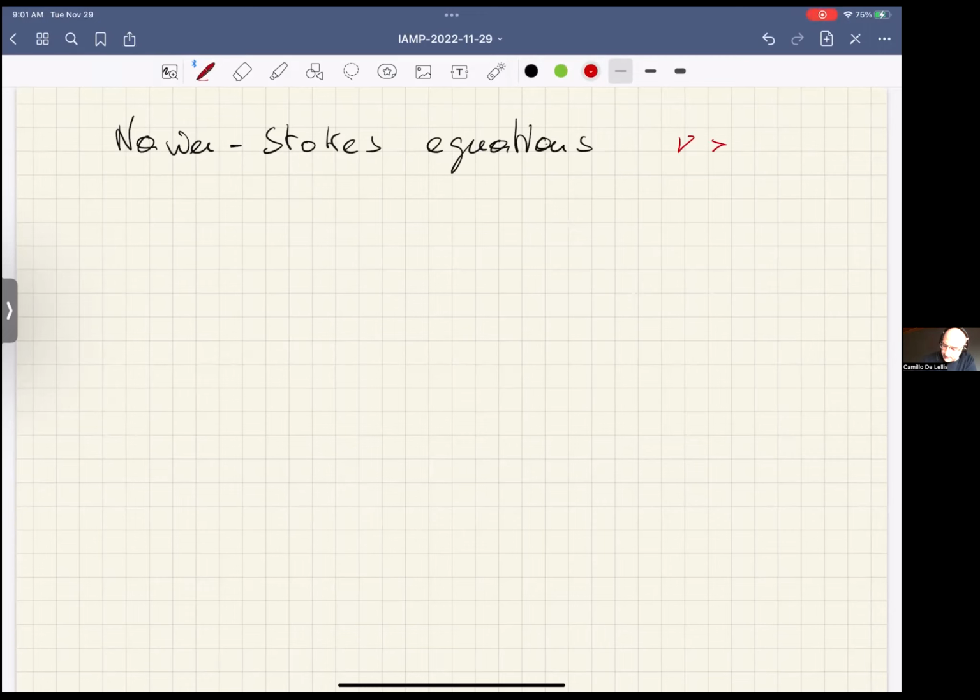This is the viscosity parameter. It is going to be positive for the Navier-Stokes equations, but it will also regard the Euler equations, and this is when the parameter nu is equal to 0. And we are always in the incompressible setting.